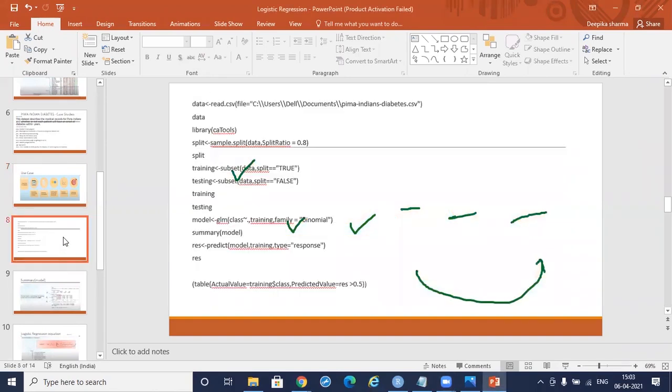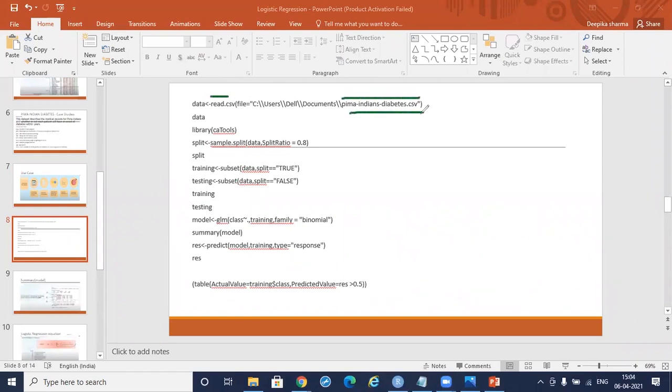Now let's see a few lines of how to load the data set. Here we are loading the data set with read.csv, as the file is available in CSV format, PIMA Indian diabetes.csv. I'm calling it here. Now for the train test split, I applied the library caTools, which allows me to make the train test split of 80 and 20%.